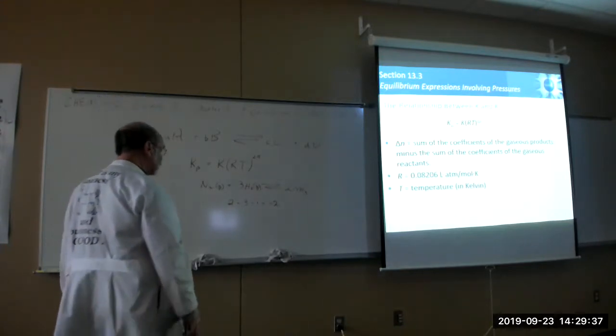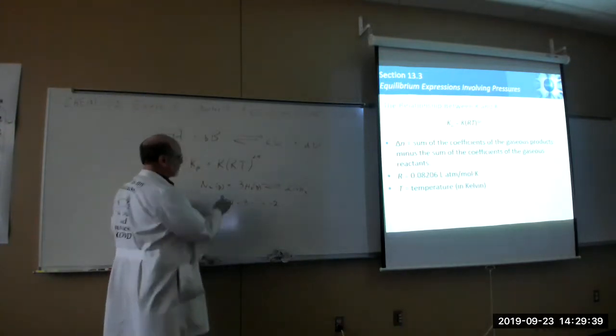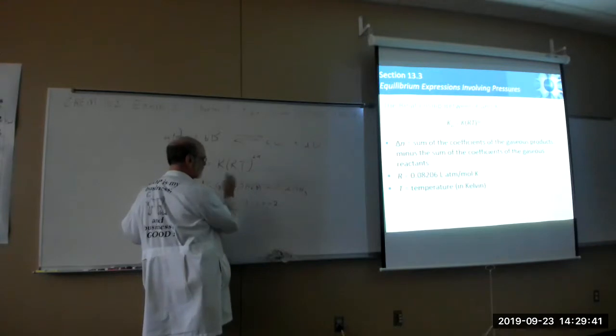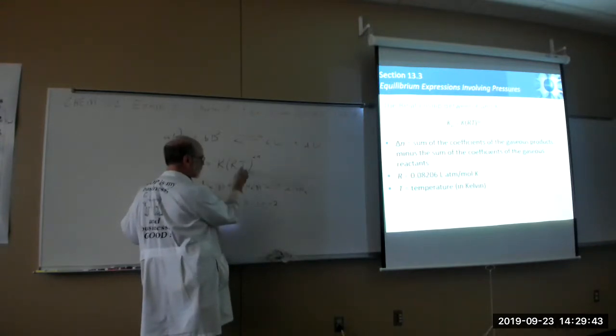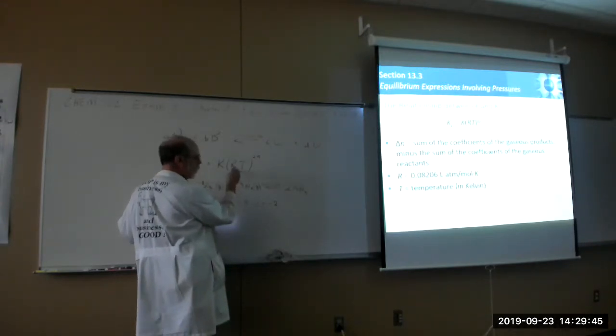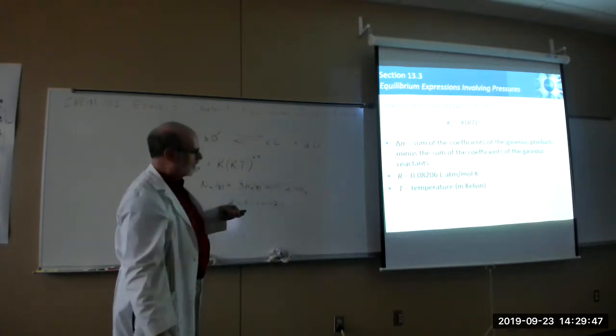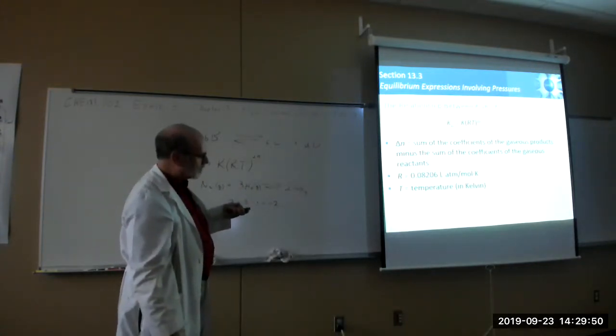And all you would need to do then is establish your temperature, whatever your temperature is in Kelvin. Then R is your constant, the gas constant, the one that incorporates atmospheres, which would be 0.08206.